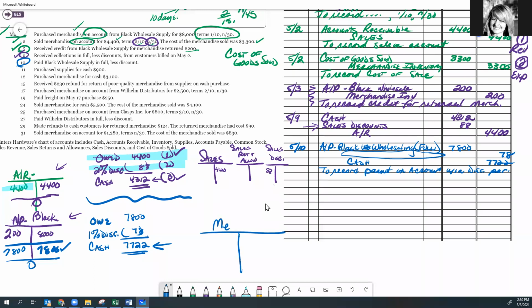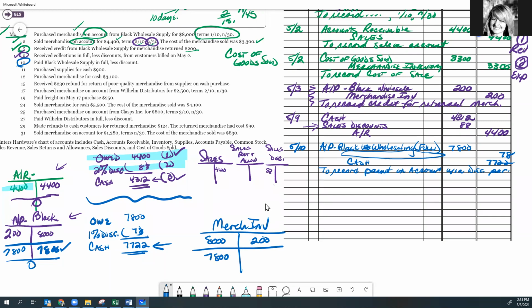So this was our merchandise inventory for what we purchased from Black. And when we purchased it, we debited the account $8,000 and showed that we had merchandise inventory as an asset. So we debited it and made it go up. And then we did a return, and in our journal entry on 5/3, we credited the account. So our merchandise inventory shows $7,800.